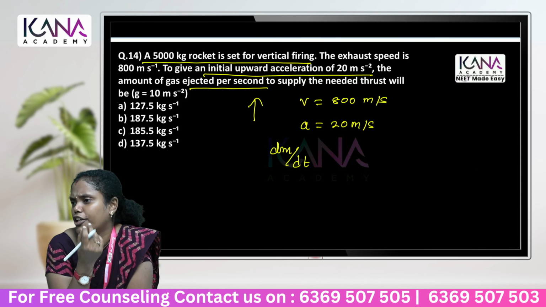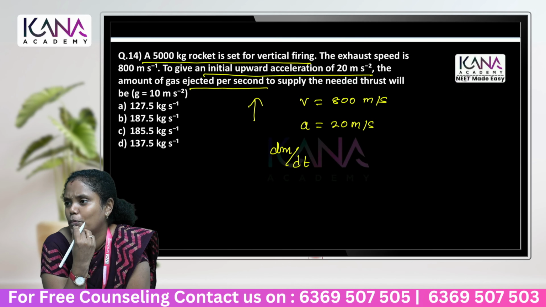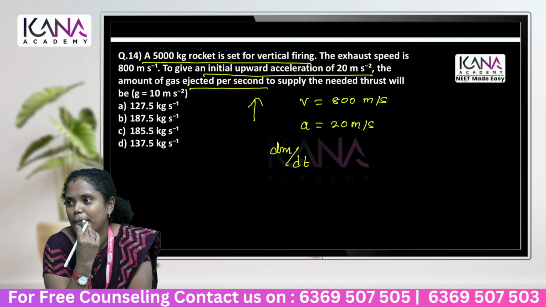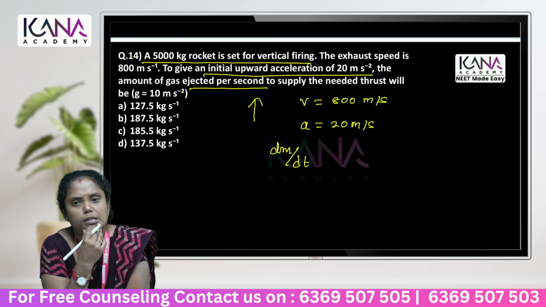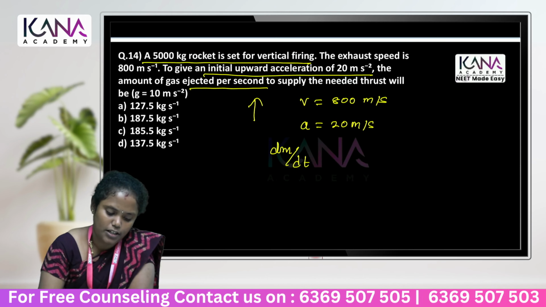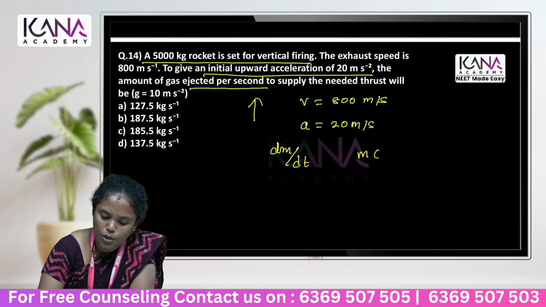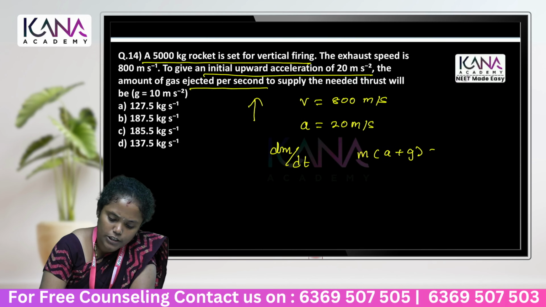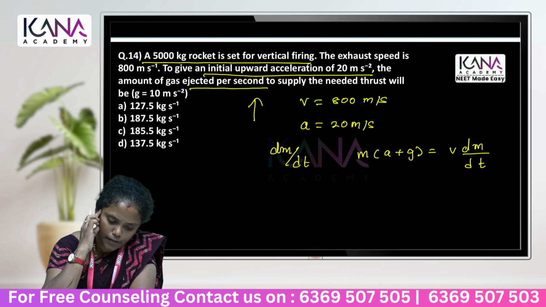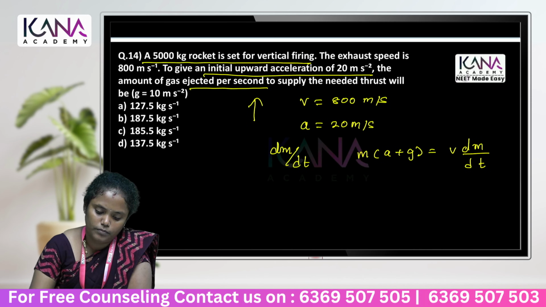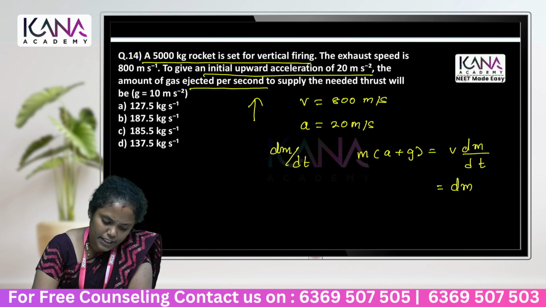இங்க m மட்டும் எடுத்துப்போமா இல்ல m into a plus g எடுத்துப்போம்? a plus g அதான் நம்ம miss பண்றது உண்டு. Here to give an initial upward acceleration கொடுத்திருக்காங்க. m into a plus g is equal to v into dm by dt.